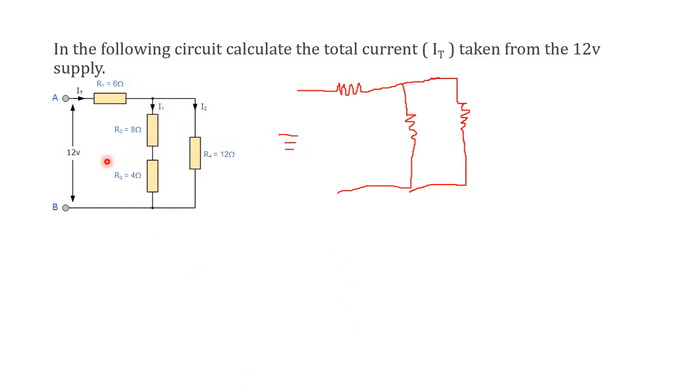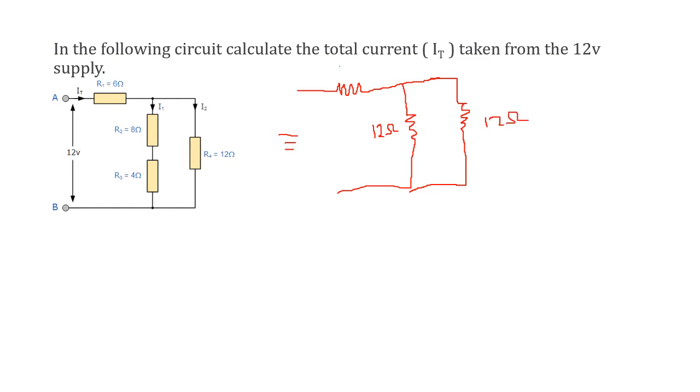Therefore in this path, the 8 ohm resistor and 4 ohm resistor are connected in series. Therefore the equivalent resistance will be the addition of these two resistance values. So 8 plus 4 is equal to 12 ohm. So here R4 is 12 ohm.